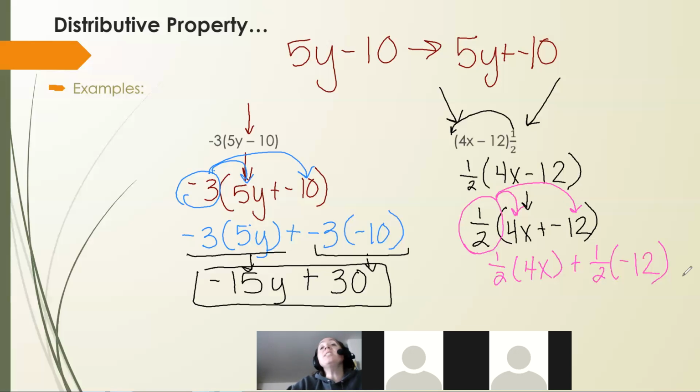So every time you're doing that, you're just dividing by 2. So multiplying by a half is exactly the same as dividing by 2. So 4x divided by 2 is going to give me 2x. What's negative 12 divided by 2? Or 12 divided by 2 and then make it a negative.